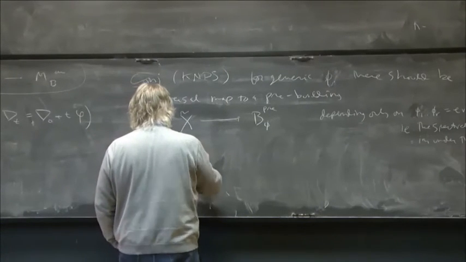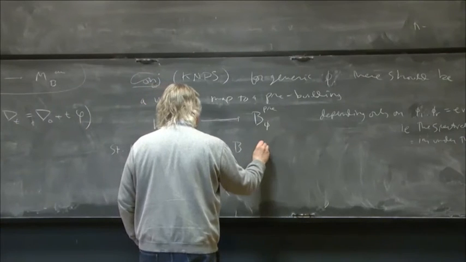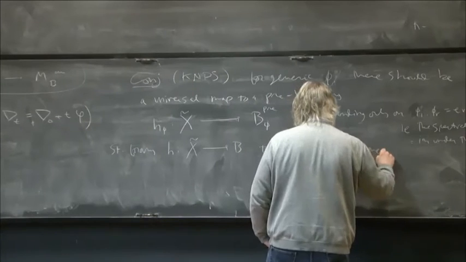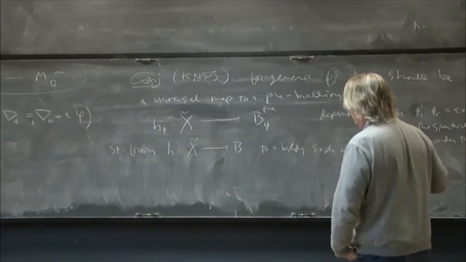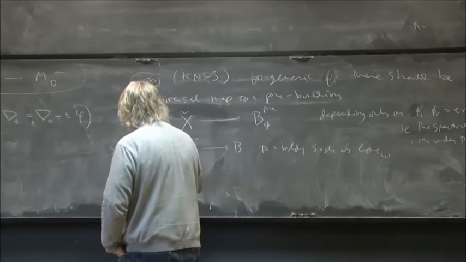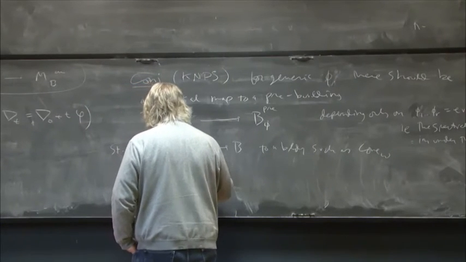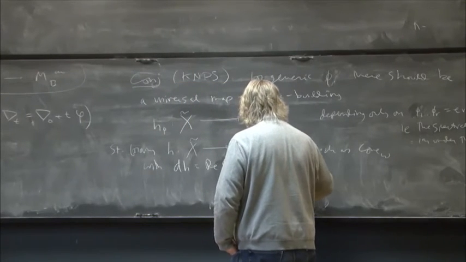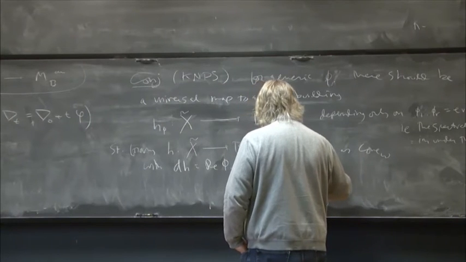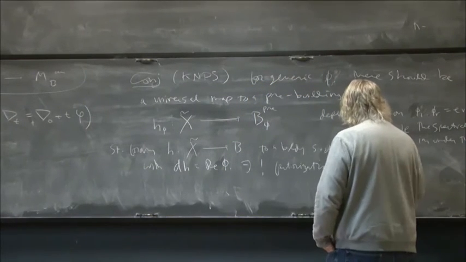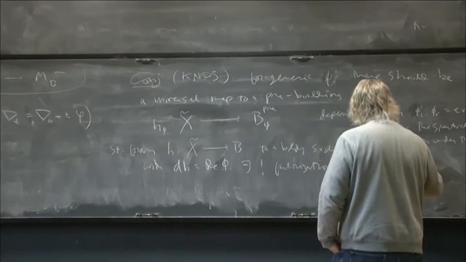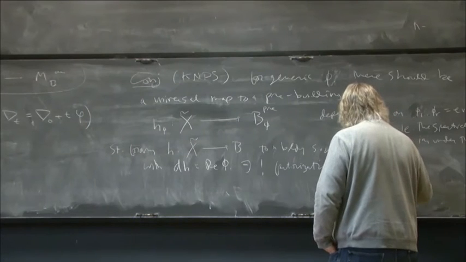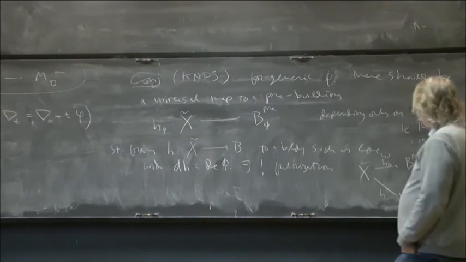So that for any map H from X to B, to a building such as, for example, this cone omega, with dH equals real part of phi, there exists a unique factorization of the form x tilde into like that, okay?